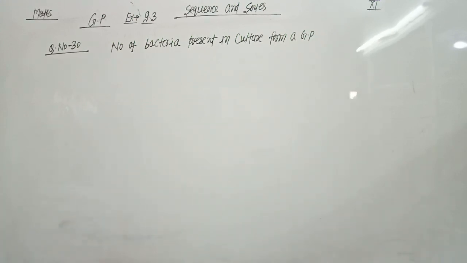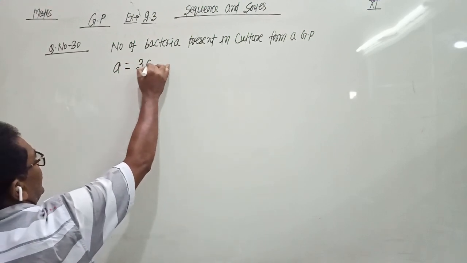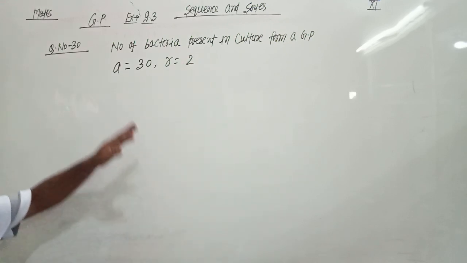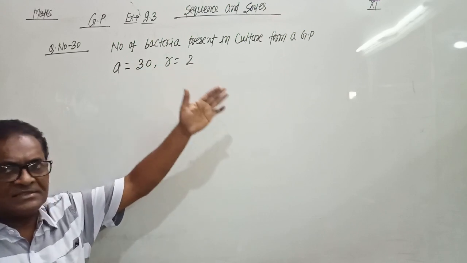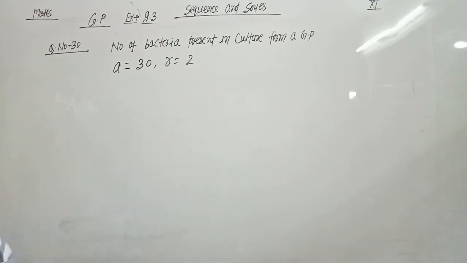And if there were 30 bacteria present in culture initially, means the first term A is 30 and R will become 2 because it doubles every hour. 30 means it's double 60 and 60 upon 30 we get common ratio 2.